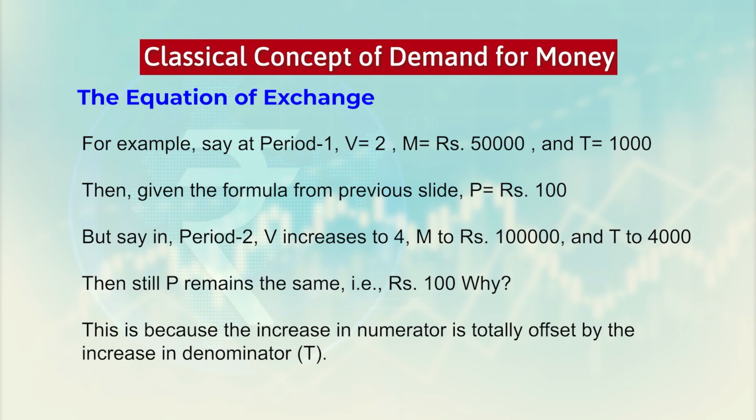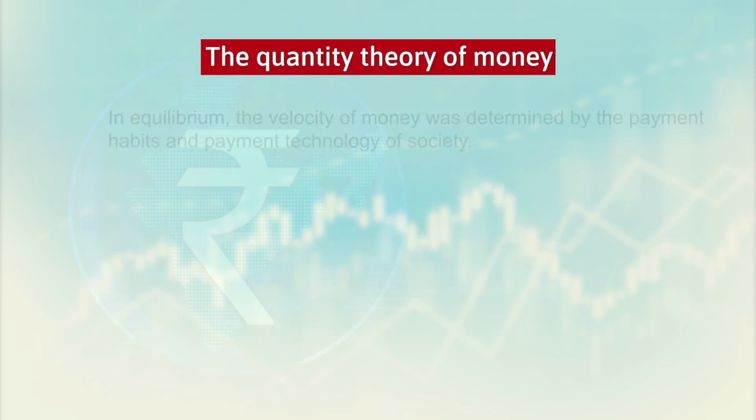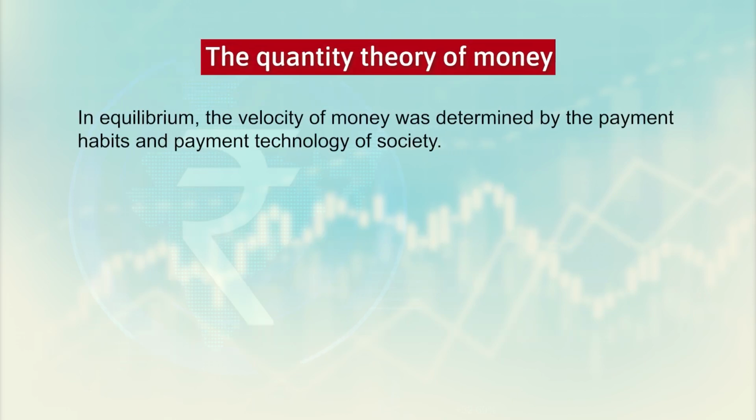The thing I am trying to mention here is that the payment habits or payment technology of an economy influence the velocity of money. For example, when we use the UPI payment method or any digital payment method, the velocity of money is going to increase.